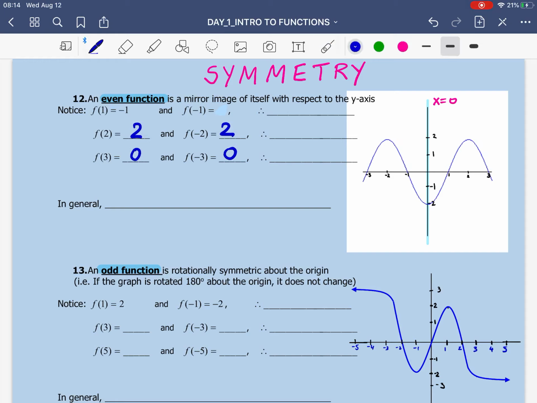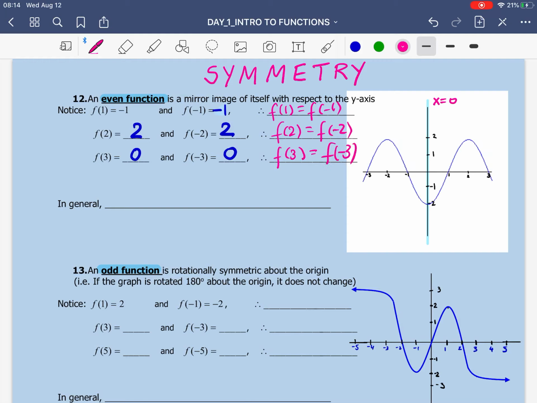So therefore, we are going to say that if f of 1 and f of negative 1 are both equal to negative 1, then f of 1 equals f of negative 1. F of 2 equals f of negative 2. F of 3 equals f of negative 3.